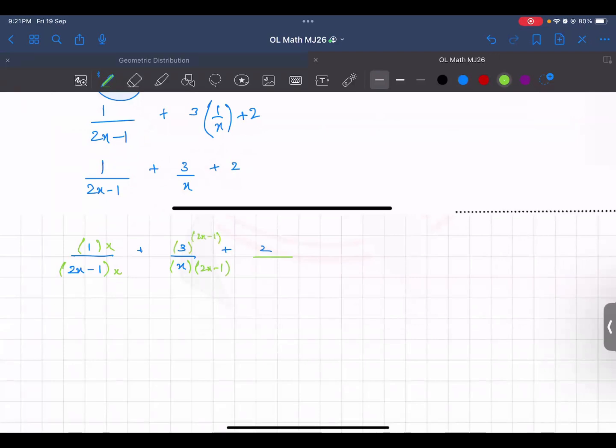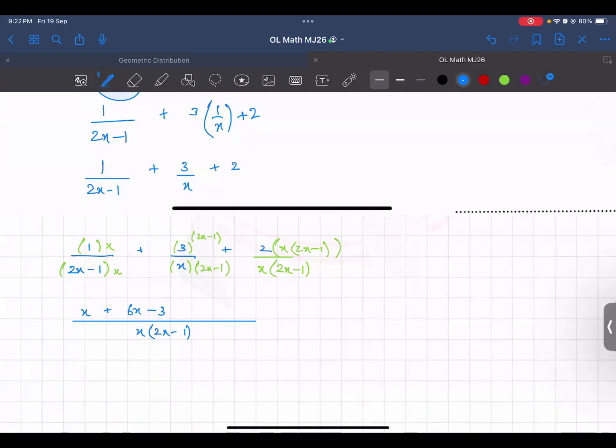And over here, the denominator, you will have to give both of them. Now everything has the same denominator, which is x times 2x minus 1. So 1 times x is x. This would become 6x minus 3.